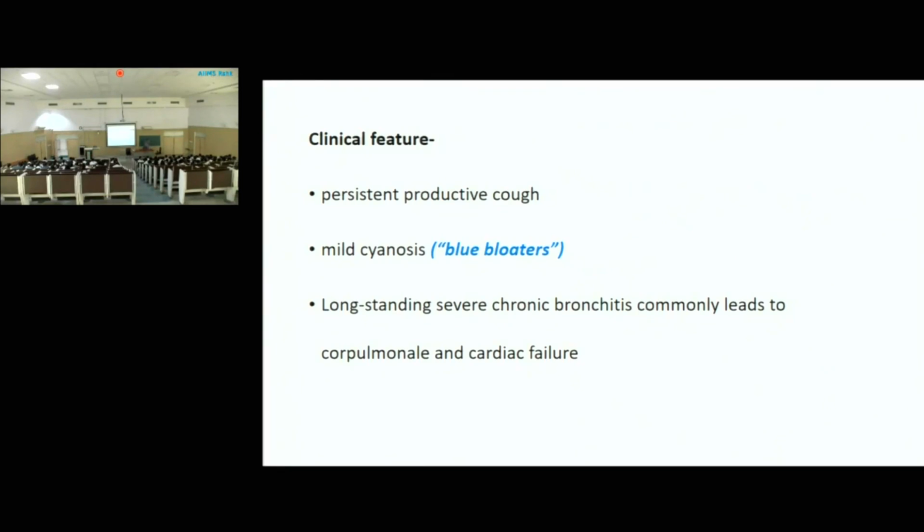So that obstruction causes hypertrophy. Over days, that will cause hypertrophy of the right ventricle. So patients who have COPD or chronic bronchitis will have right ventricular hypertrophy. And over a long duration, they will suffer from cardiac failure also, right? So in cor pulmonale, there will be an increase in the size of the heart.